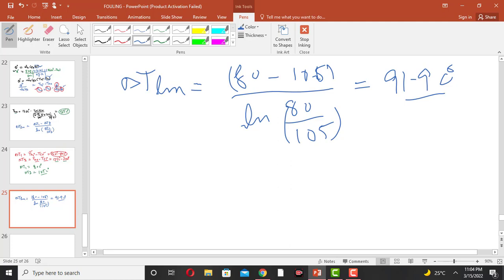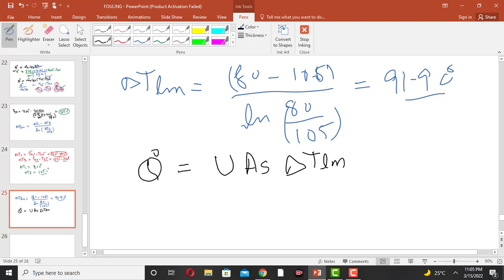Now, at the start of this lecture, we wrote the formula that the overall heat rate is equal to the overall heat transfer coefficient times the surface area of the heat exchanger times the log mean temperature difference. The log mean temperature difference in this case is 91.9 degrees centigrade.